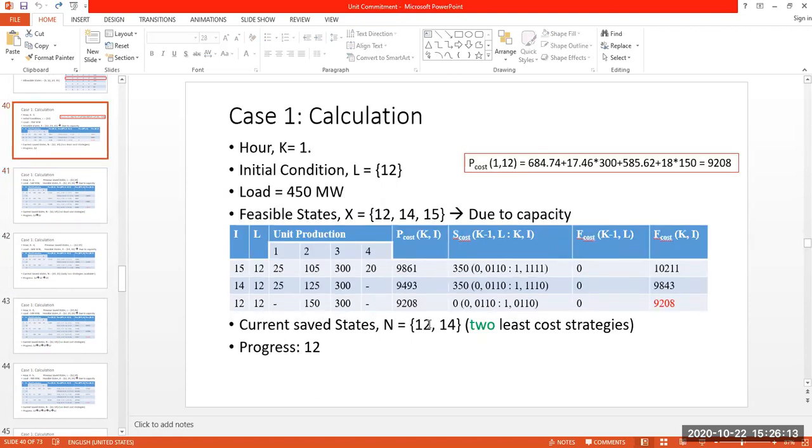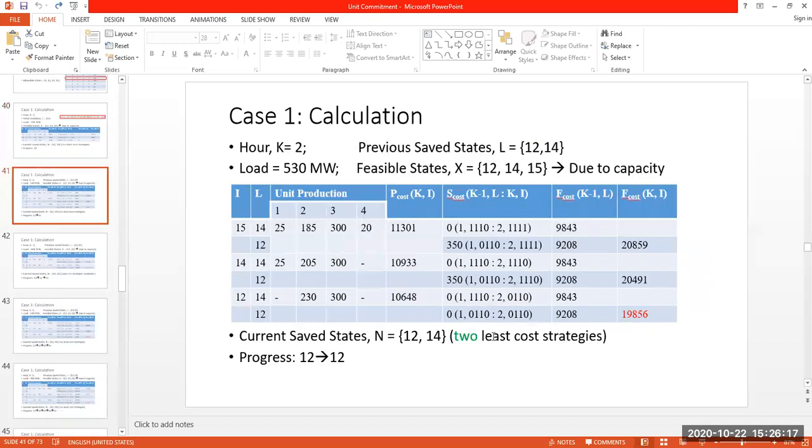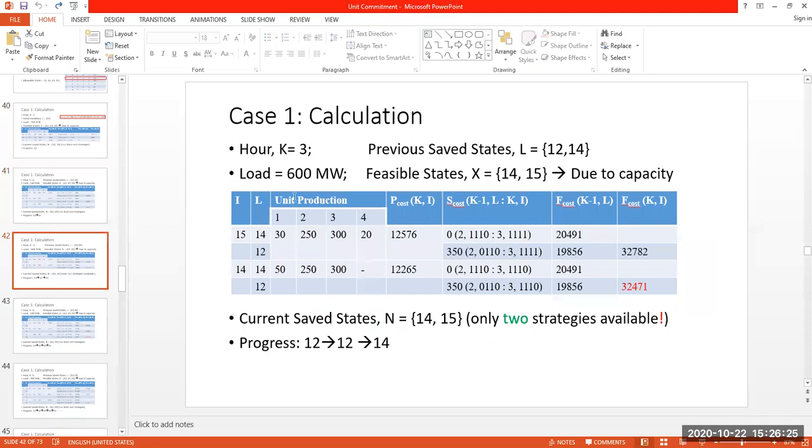So let's say I save only 12 in hour 1, because it is still our minimum cost strategy. What would happen at hour 3? In hour 3, you do not have state 12.